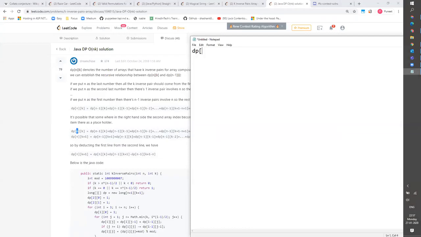But let me try. dp of n plus 1 and the dp of... And let me write the original equation also.